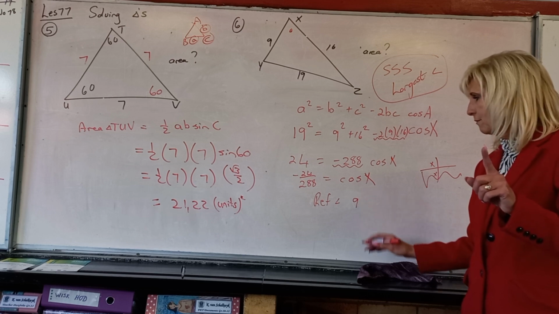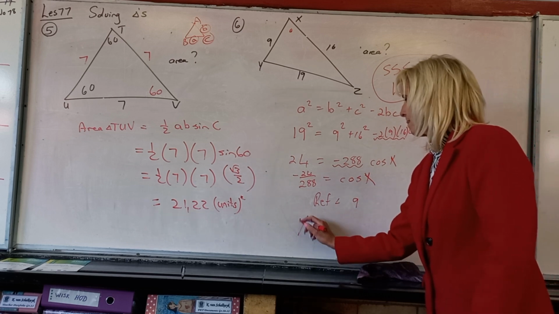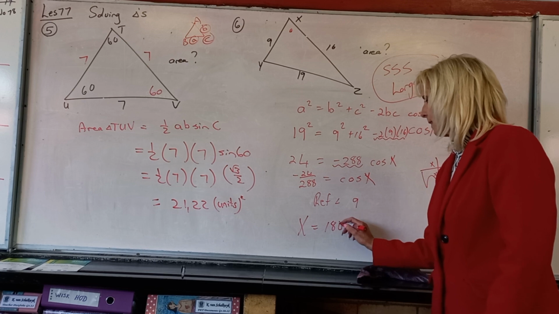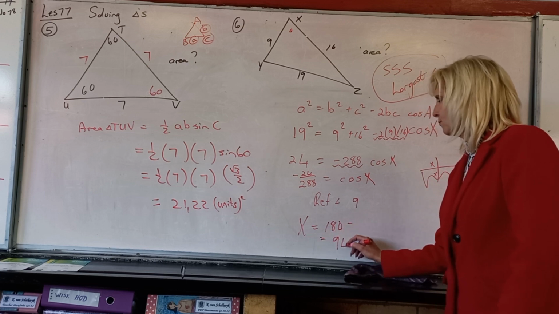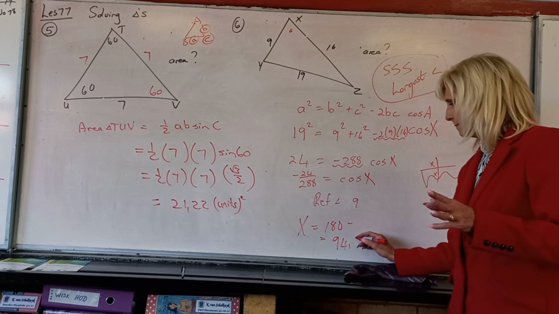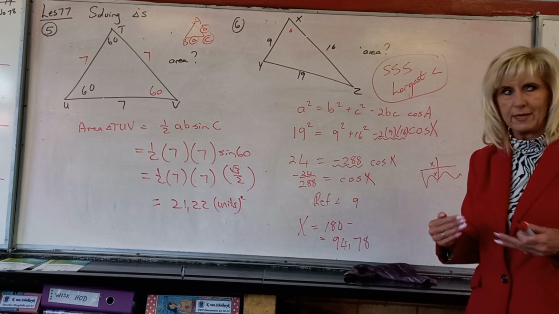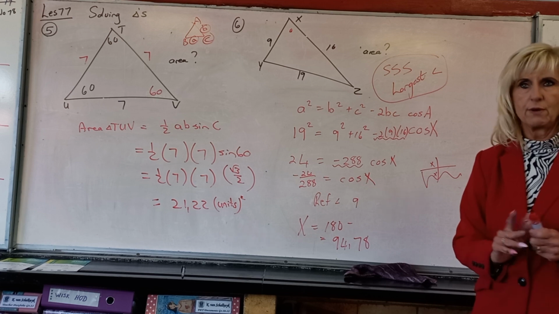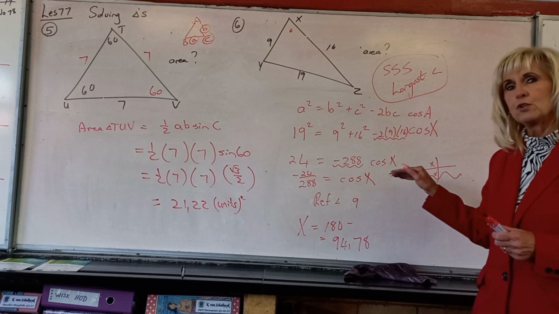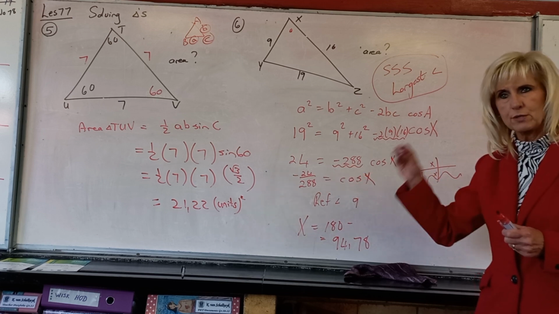Give me the reference angle first, please. The answer was 94.78. Okay, now guys, if you went directly from there to there, I would have had to give you full marks, because it's correct for the sum. I want you to always keep the whole CAST process in mind.